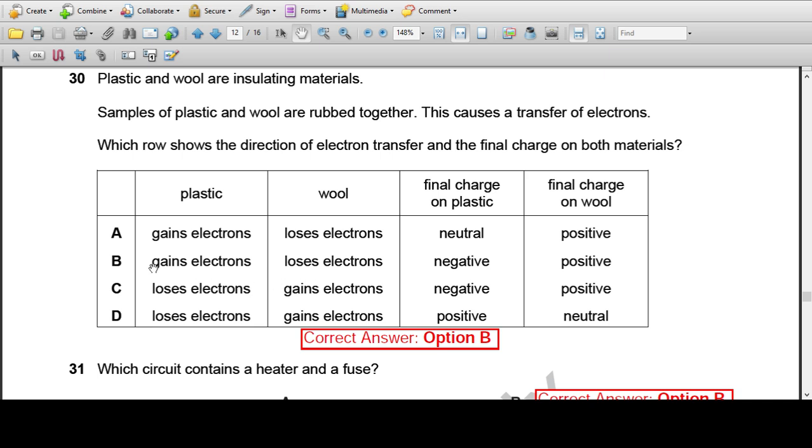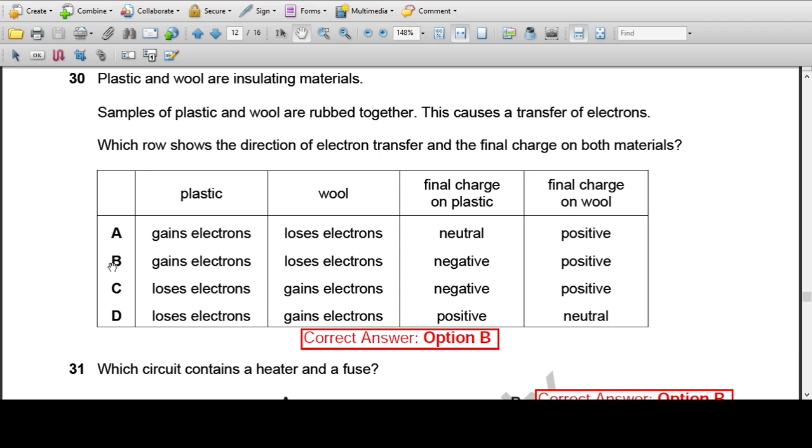In option B, the plastic gains electrons, and since the electron has a negative charge, it becomes negatively charged, while wool loses electrons, so it becomes positive.